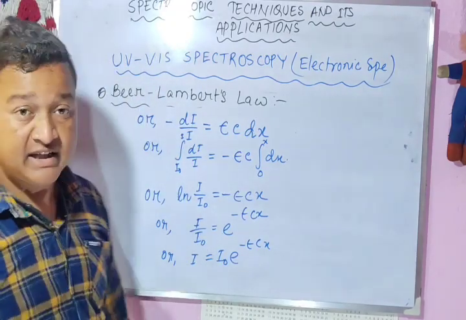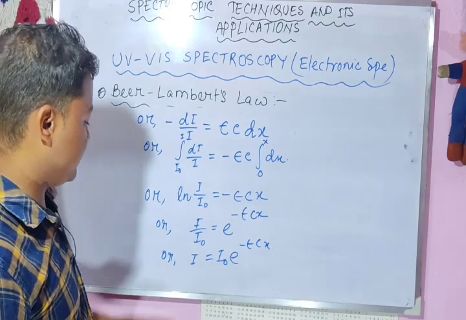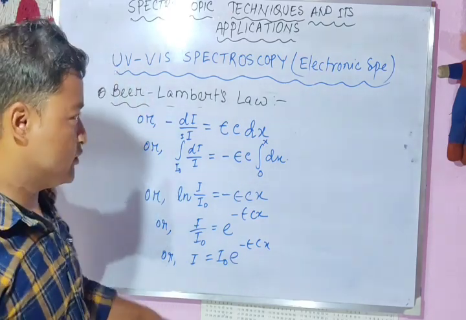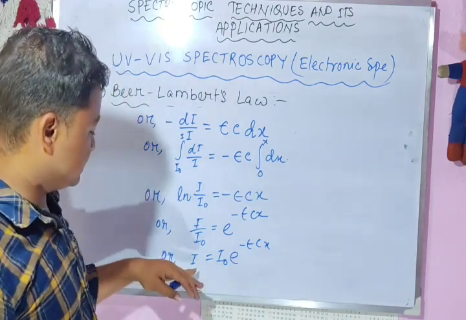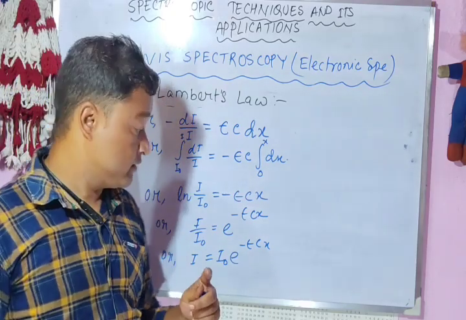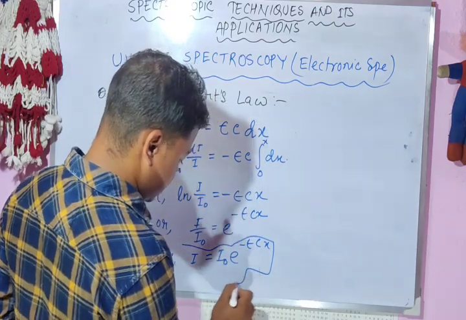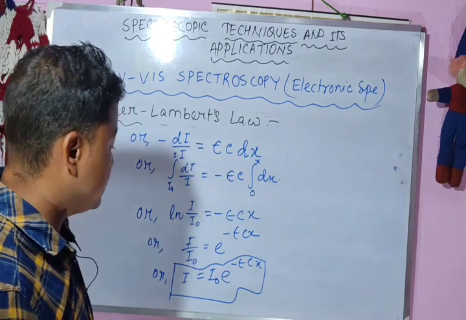Here I0 is the initial intensity of the light, and I is the final intensity of the light after absorbing some radiation. This is the mathematical form of Beer-Lambert's law.